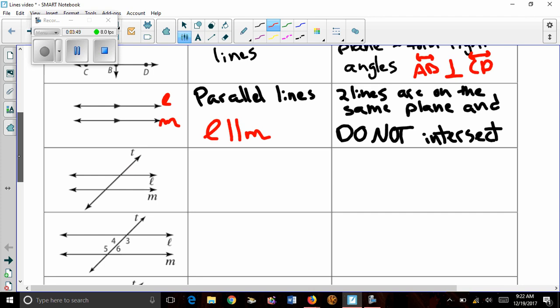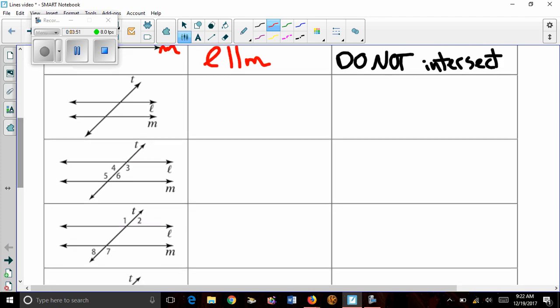Now, as we move forward, we have a few more pictures here. In this first picture, we have two parallel lines with one line that intersects both of them.